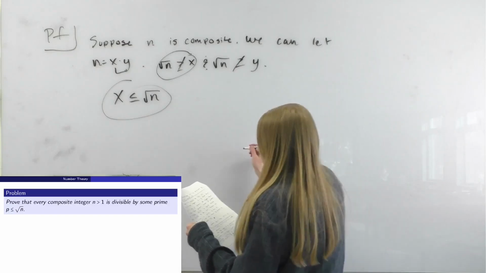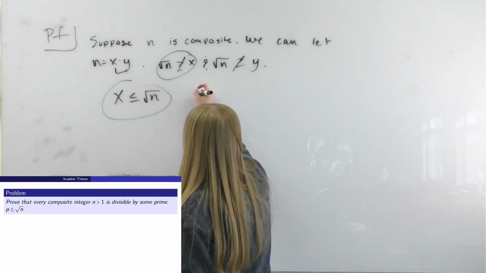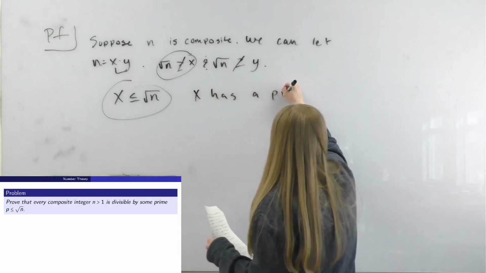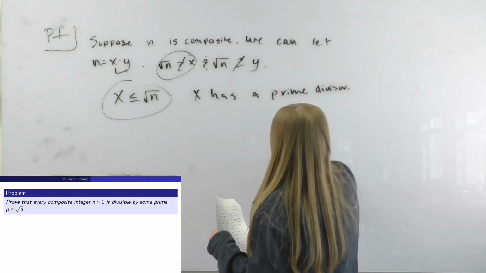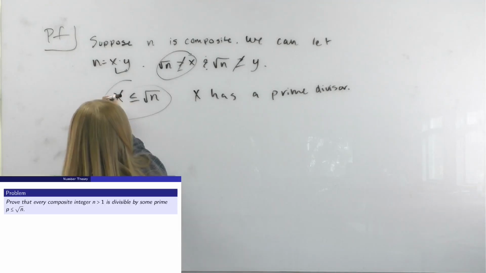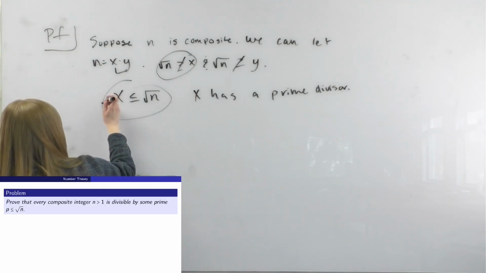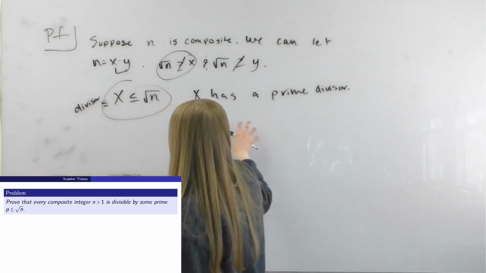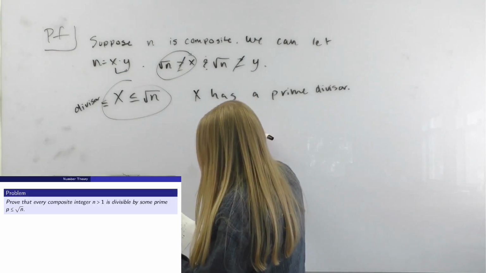Okay, so we're going to suppose that it's x, and by the last theorem that we proved, we know x has a prime divisor. Okay, so x has a prime divisor that will either be prime itself, so this has a divisor that is less than or equal to x because it's a divisor, right?